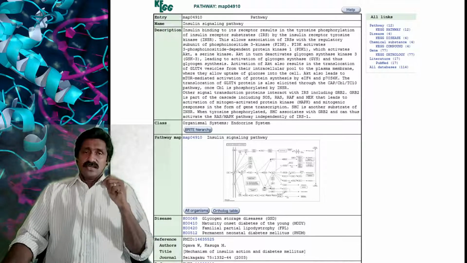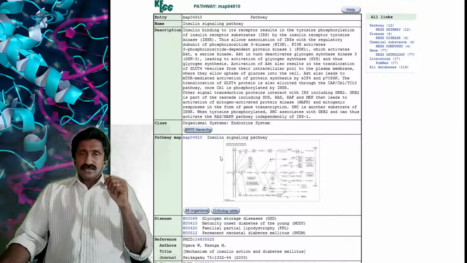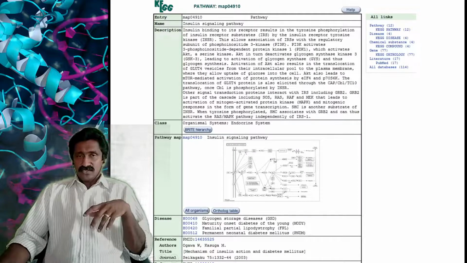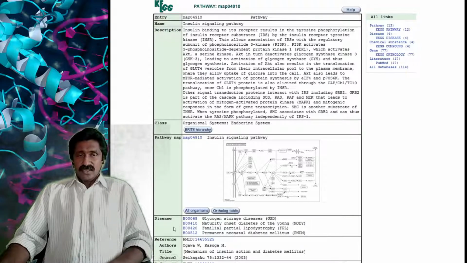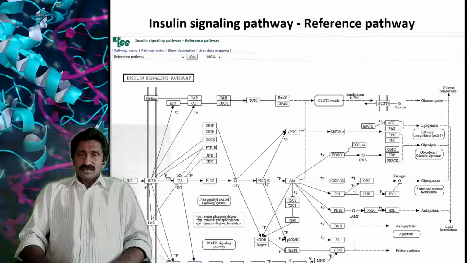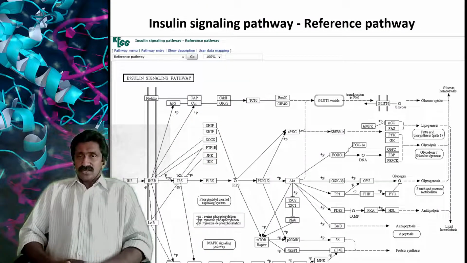Then see, this is the insulin signaling pathway that is opened here, and a description of the pathway is provided here. Then a screenshot of the pathway, in miniature form, is shown here, and related information and publications are given here. This pathway diagram can be expanded, and it will look something like this.